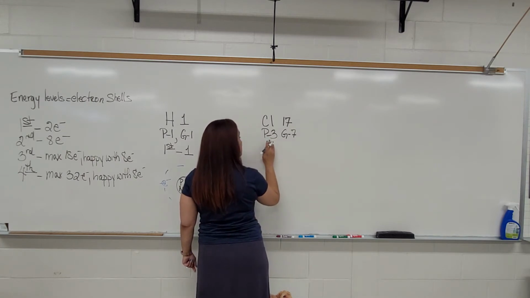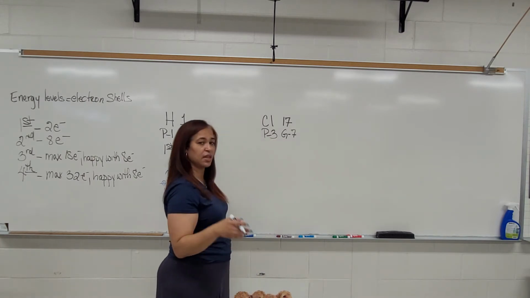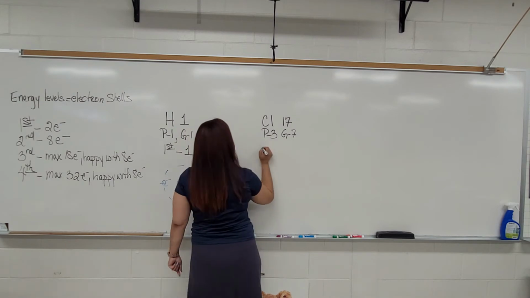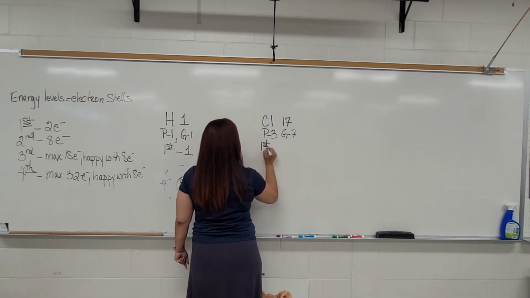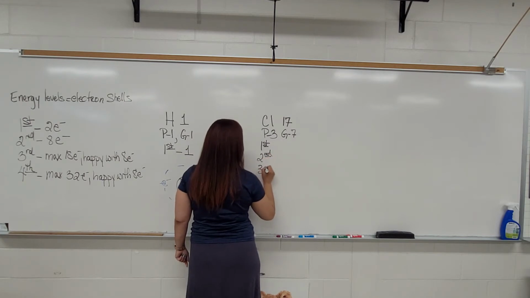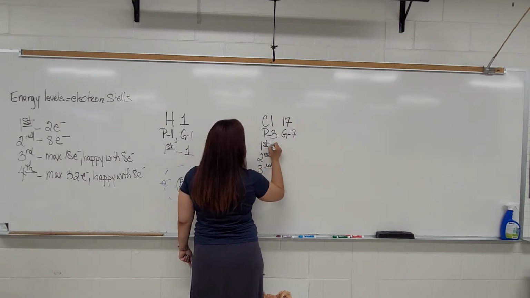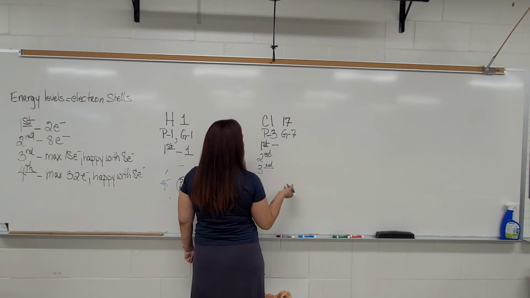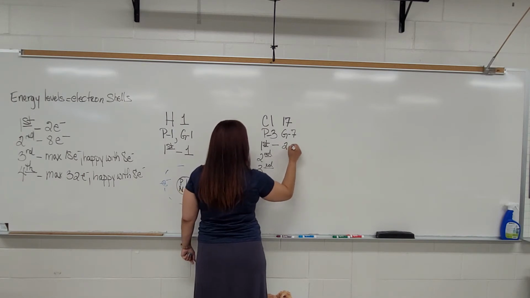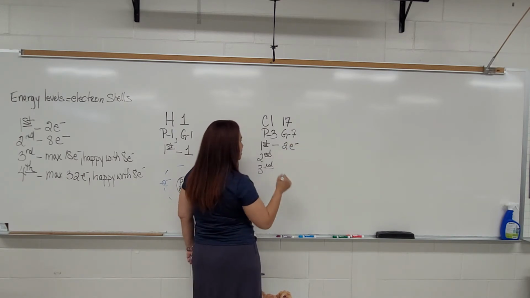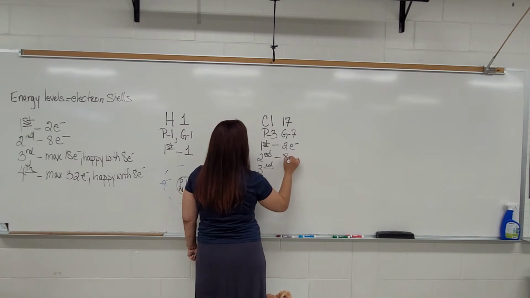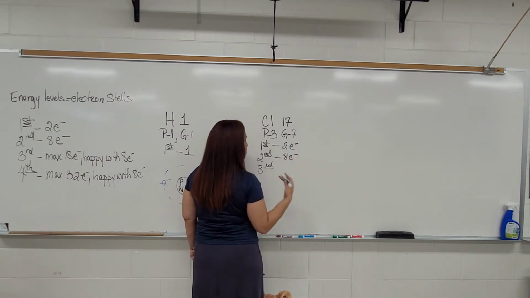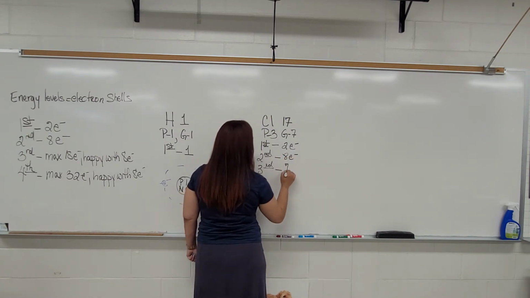Since it's in period 3, it has 3 energy levels or electron shells: 1, 2, 3. In the first shell, it has 2 electrons. In the second shell, it has 8 electrons. And in the third shell, it has 7 electrons.